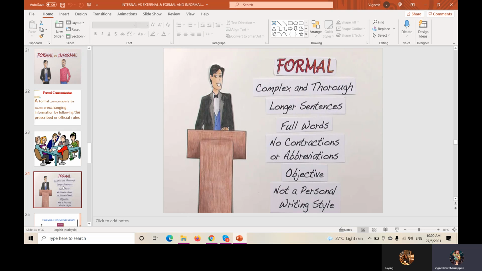Examples of formal communication: usually it is complex and thorough, with longer sentences. We have to use full words, no contractions or abbreviations. We should have an objective to talk, and not a personal writing style. This is all under the rules and regulations.